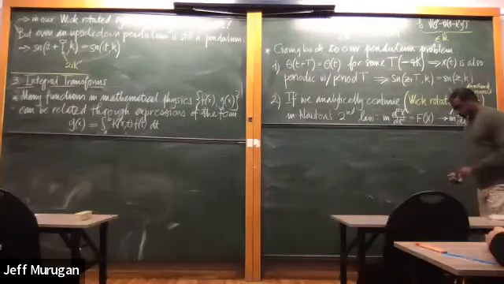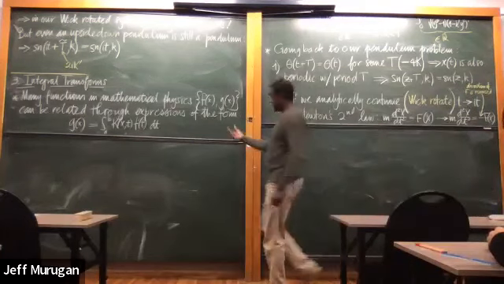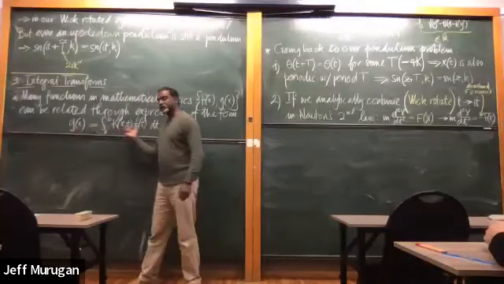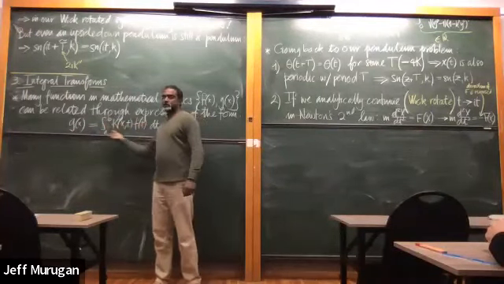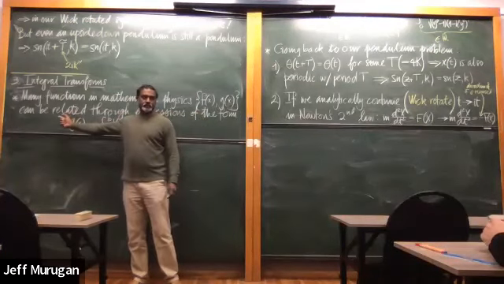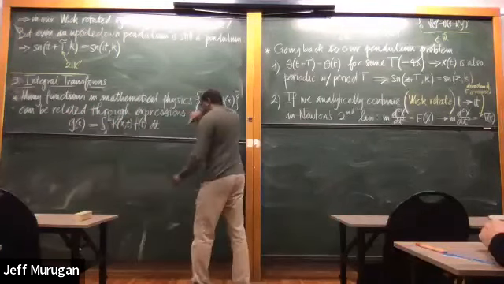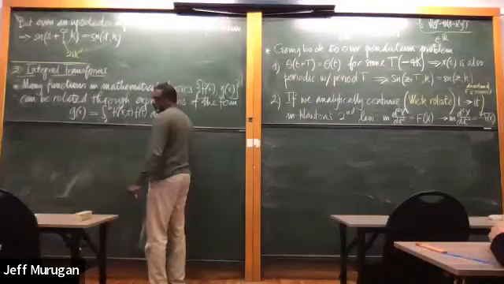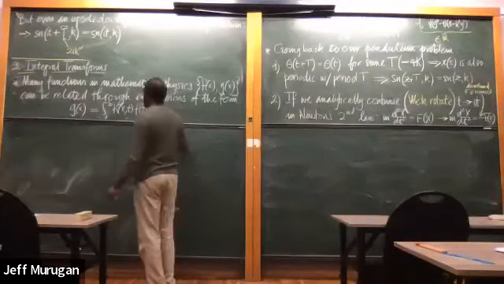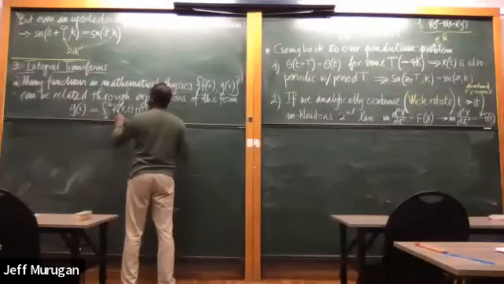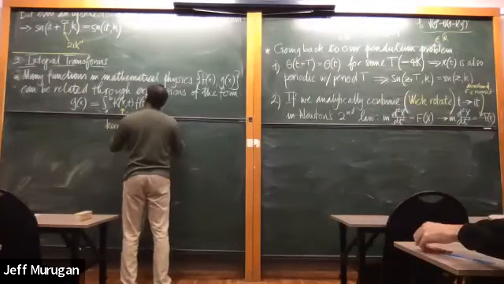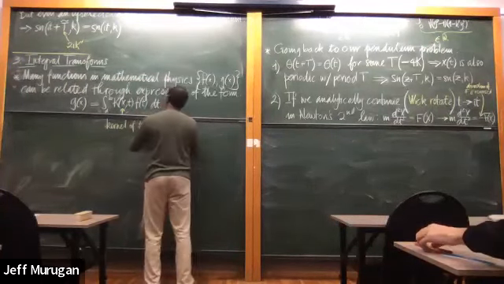Okay. So these two functions are related, f and g, and they're related by an integral like this. So the integral takes this function f of t to the function g of x. Okay. This guy here, k of x t, is called the kernel of the transform.